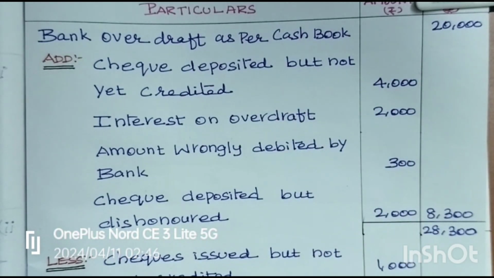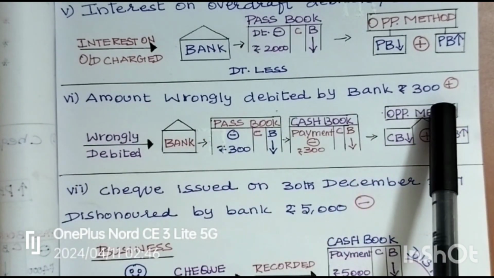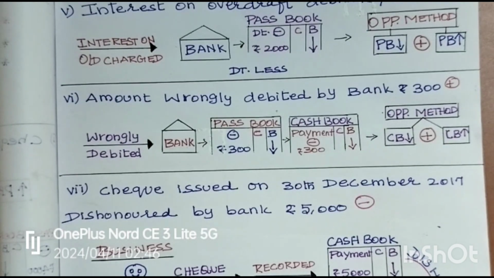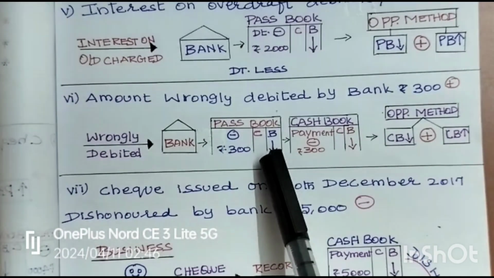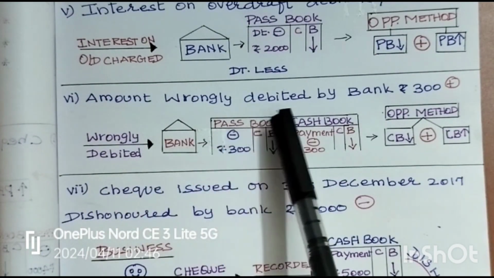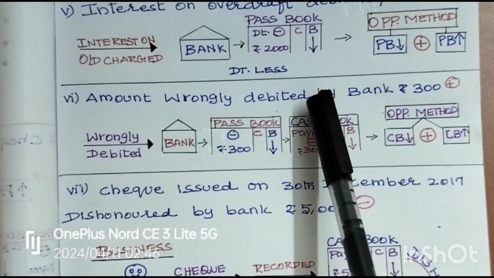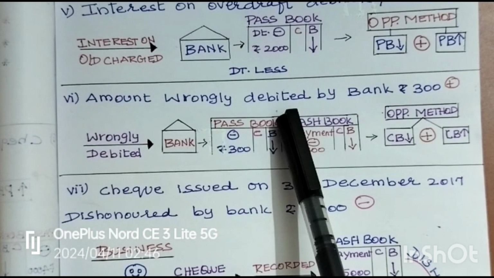The next transaction is amount wrongly debited by bank 300 rupees. Amount wrongly debited by bank 300 rupees, which means by mistake 300 rupees decreased in your bank passbook. Do you understand? Bank wrongly debited means what? Deducted, reduced, okay, subtracted, less.